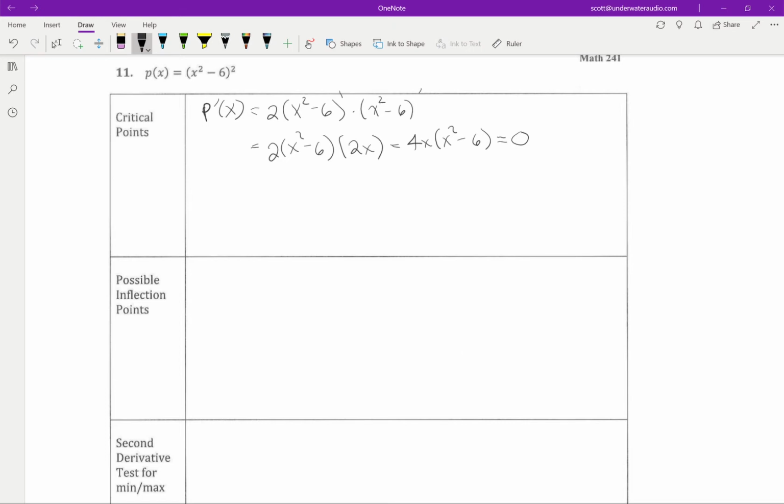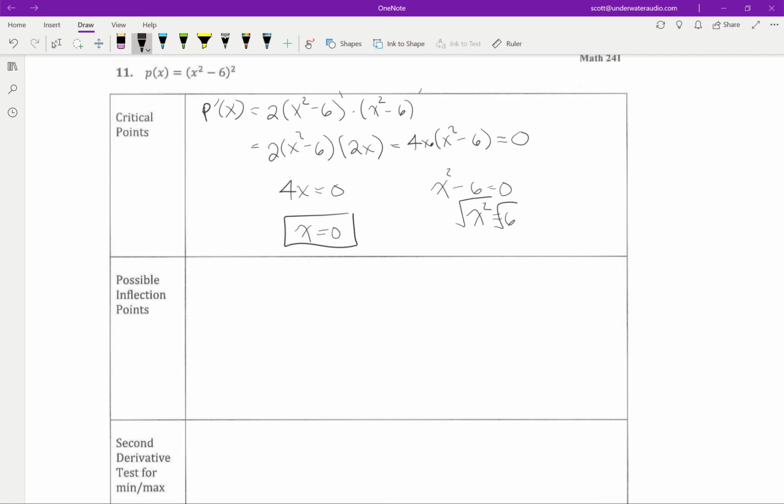Since this is multiplying right here, I can solve separately and do 4x equals 0 and x squared minus 6 equals 0. So 4x equals 0 happens when x equals 0. And for x squared minus 6, I would add 6 to the other side. x squared equals 6. Square rooting.